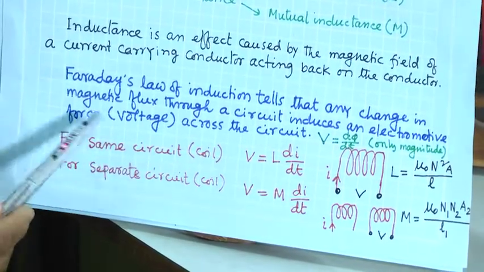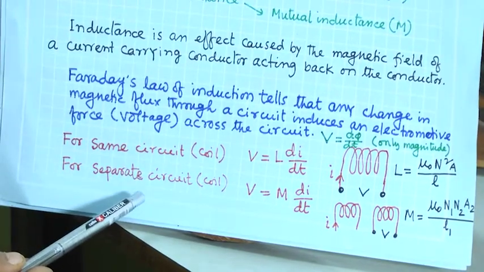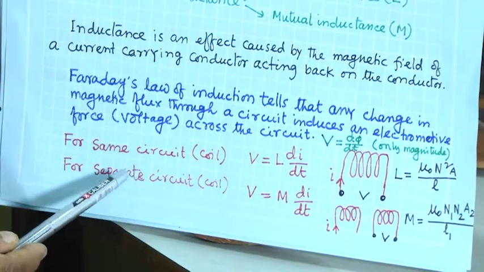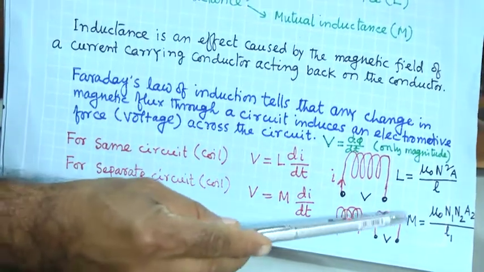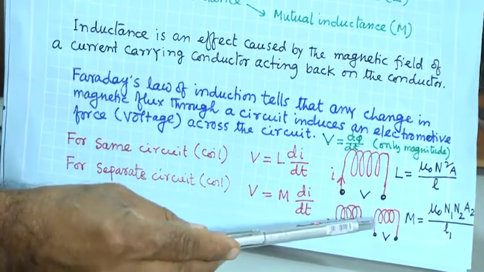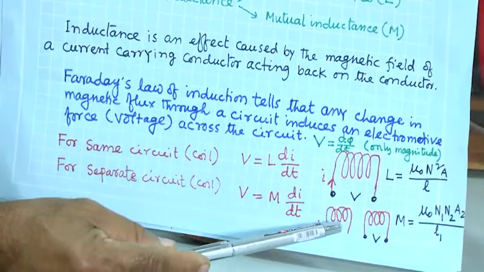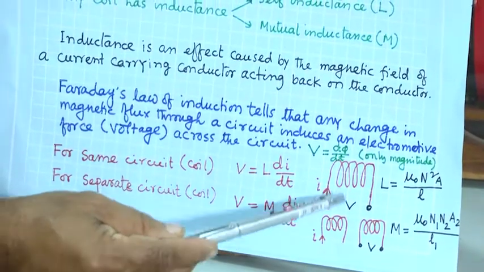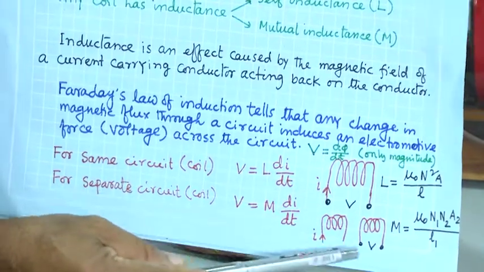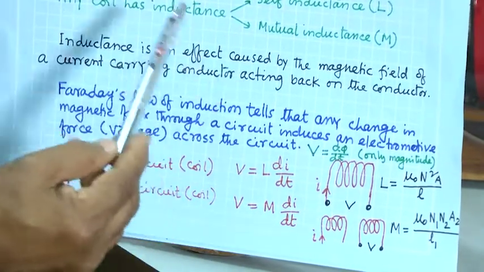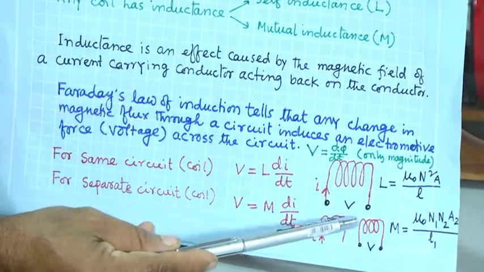And if you have two coils, in one coil you are producing a magnetic field, and that magnetic field links with the nearest coil, the other coil. If there is any change of the magnetic field in this coil, the flux linked with the second coil also changes with time, right.